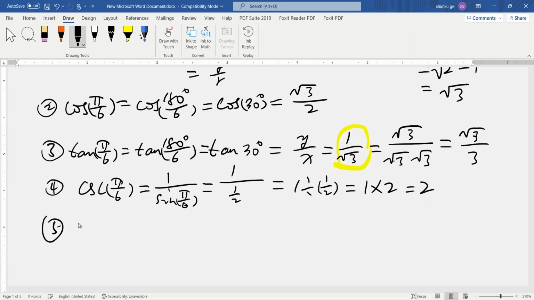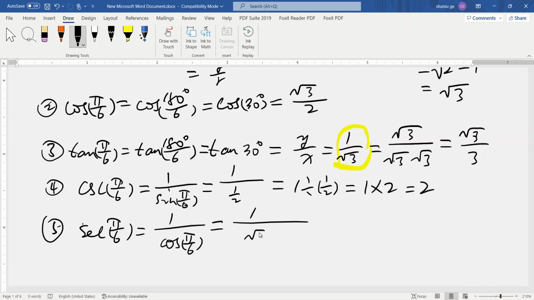Then question 5. Secant pi over 6 equals 1 over cosine pi over 6. So cosine pi over 6 is here. 1 divided by square root 3 over 2.